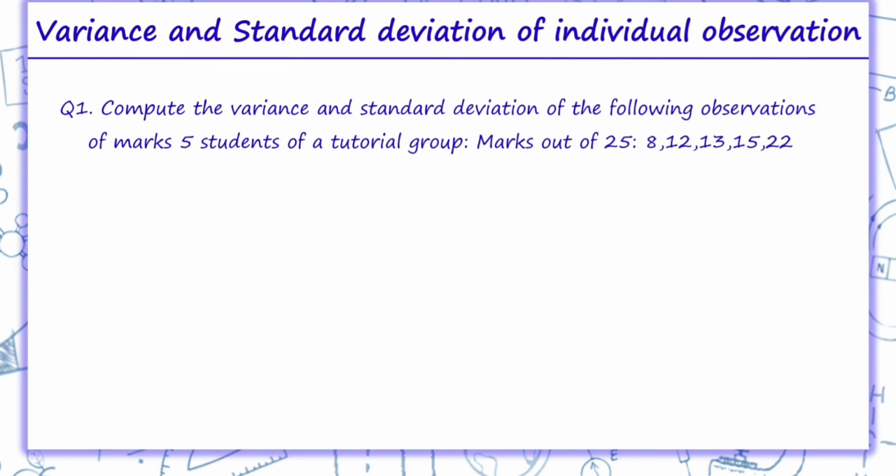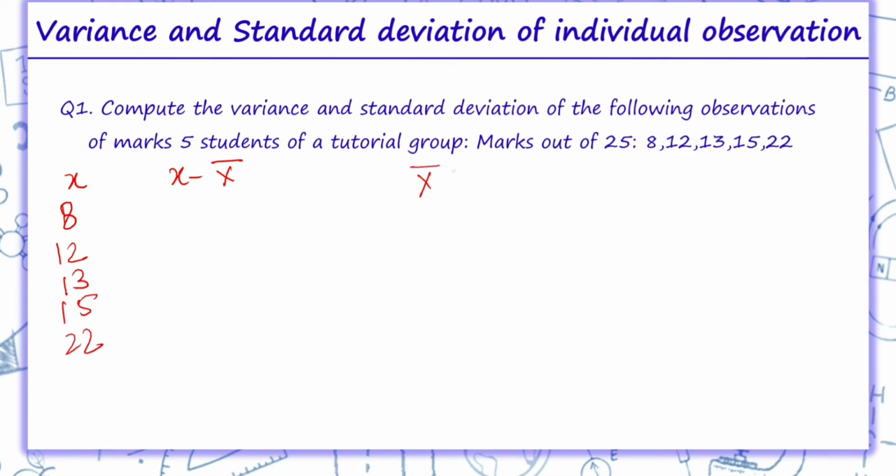Now coming on to the question: we have to compute the variance and standard deviation of the following observations of marks of 5 students of a tutorial group. Marks out of 25 are 8, 12, 13, 15, 22. Here we'll write x and then find x minus x bar, which is the mean.